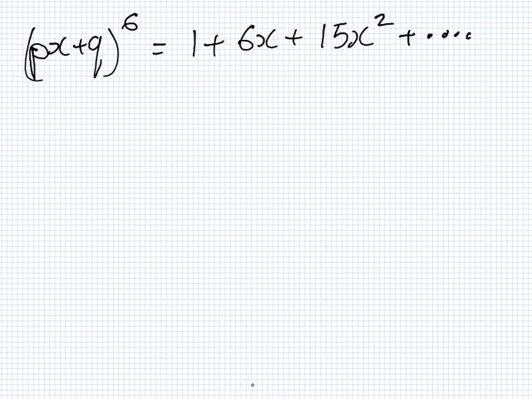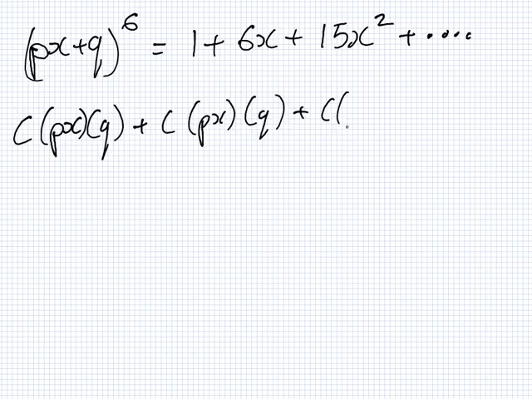Okay, let's see what you made of this. The way to do this one, you have to expand on the left and compare the left and the right. So here on the left you have 6C0 (px)^0 q^6 plus 6C1 (px) q^5 plus 6C2 (px)² q^4, and so on, equals what you have on the right.